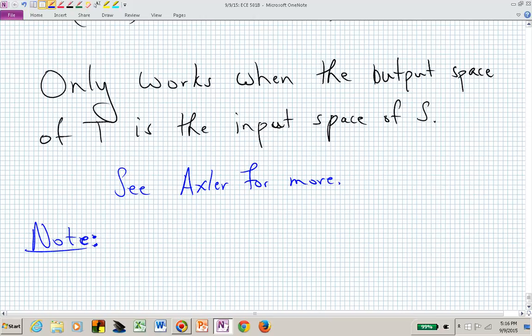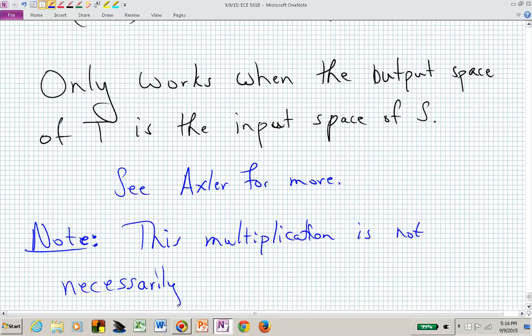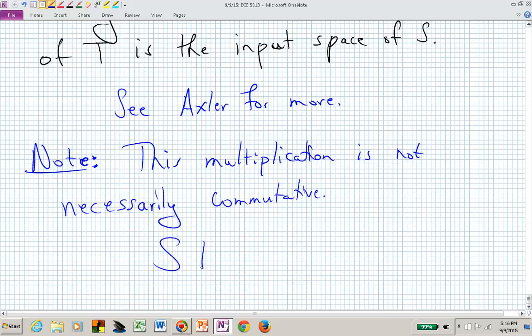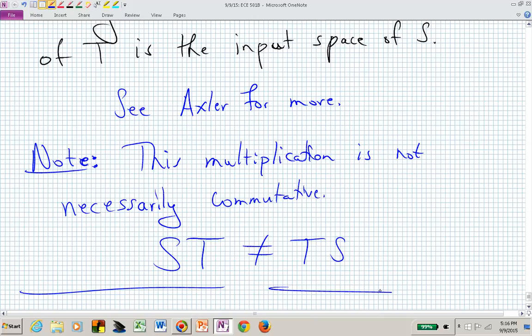So this multiplication of linear maps is not necessarily commutative, meaning we're not guaranteed that ST is going to be the same as TS. And we'll pick up at that point talking about some of these important spaces relative to linear maps next time.